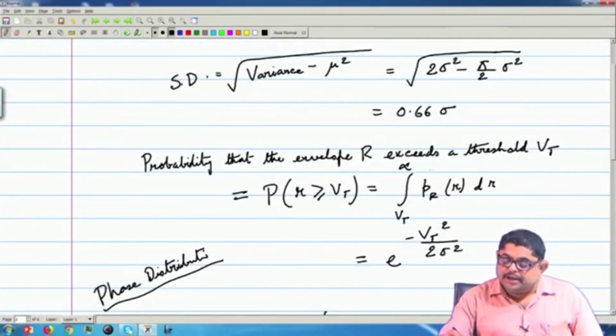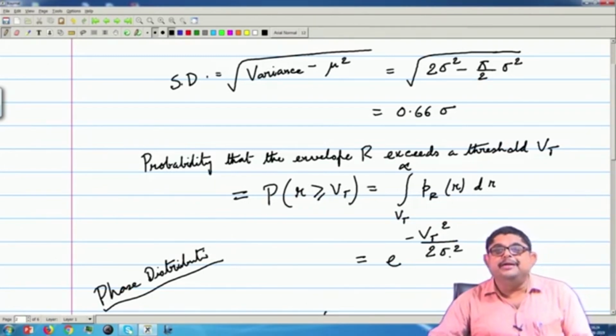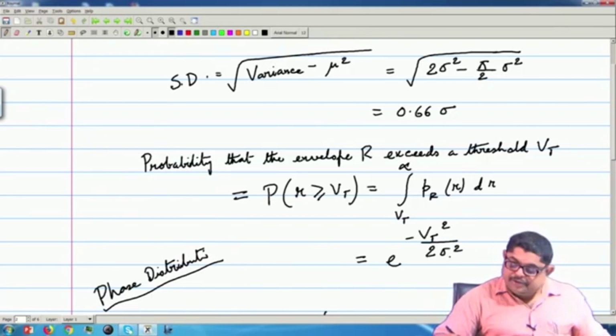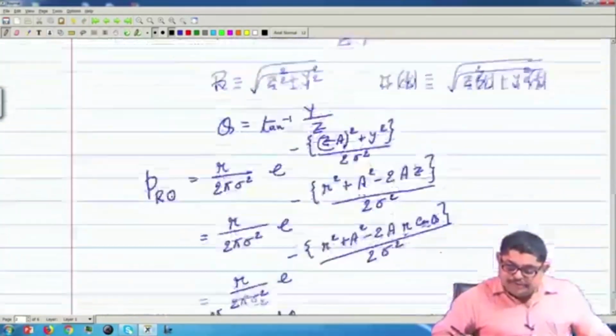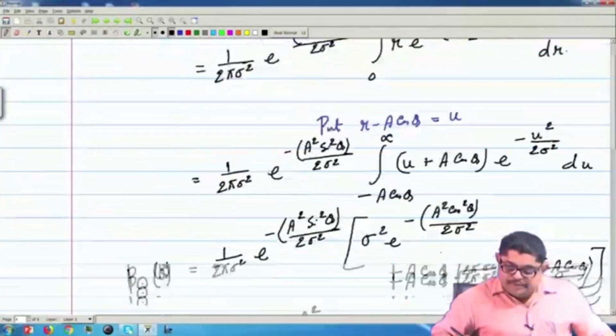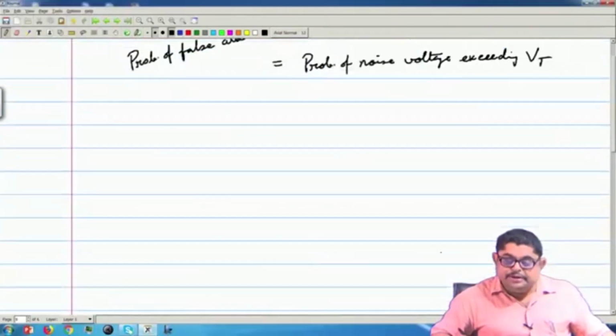You see, the probability that the envelope R exceeds a threshold V t, this is P(R ≥ V t). So, this is nothing but the probability of false alarm. So, I will write that. That is the beauty. If you understand mathematics properly, then putting physics is not a problem.